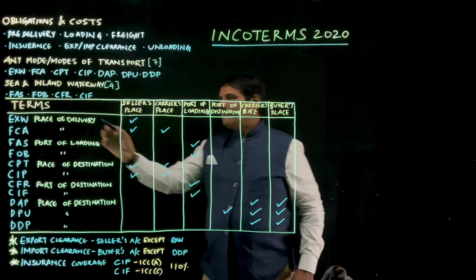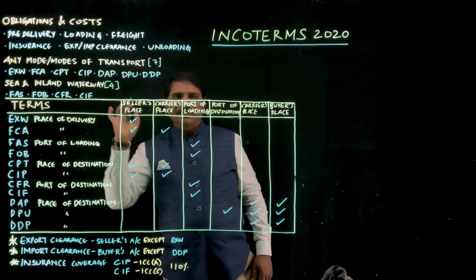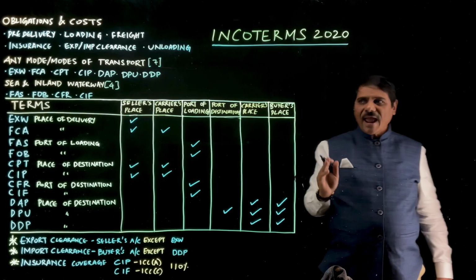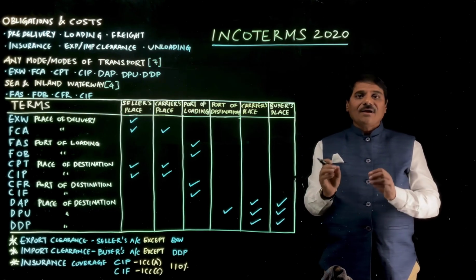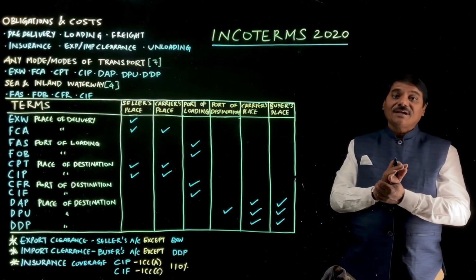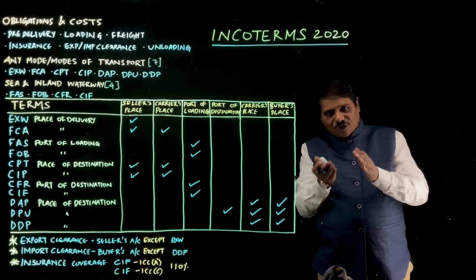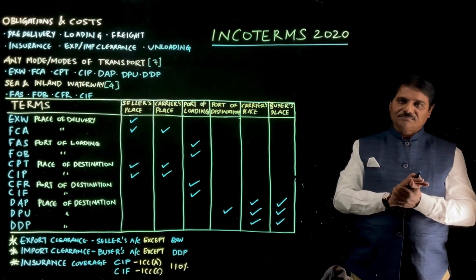FAS, FOB, CFR, CIF, these four terms are exclusively used for sea shipments, that is port to port shipments, port of loading and port of discharge.